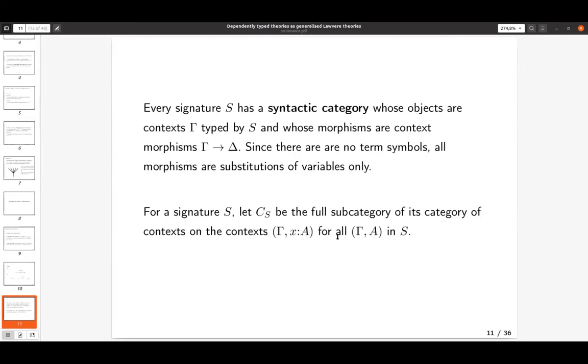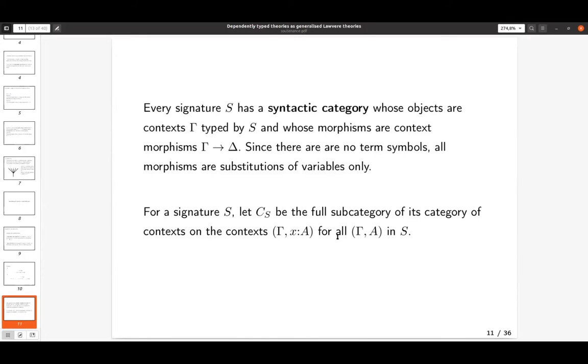Right. So given a type signature, we can define what's called its category of contexts, or its syntactic category, whose objects are contexts that are typed by the signature S, and whose morphisms are context morphisms in the usual sense. And since we don't define any term symbols, a type signature consists only of type declarations, it's easy to see that any context morphism can contain only variables.